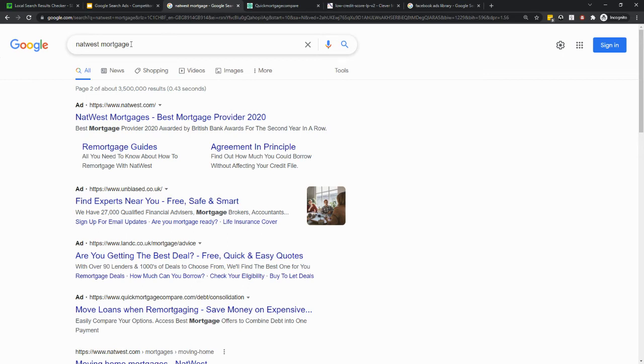Bidding on this brand specific keyword related to NatWest is beneficial because it is significantly cheaper for us to get the same kind of lead or potential lead with this keyword than it is for us to bid on mortgage.